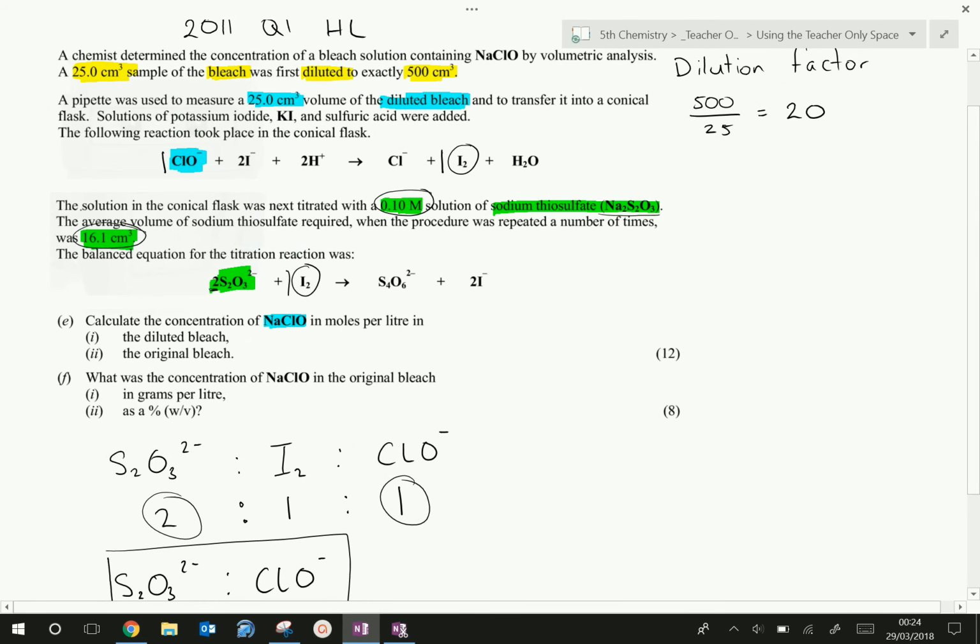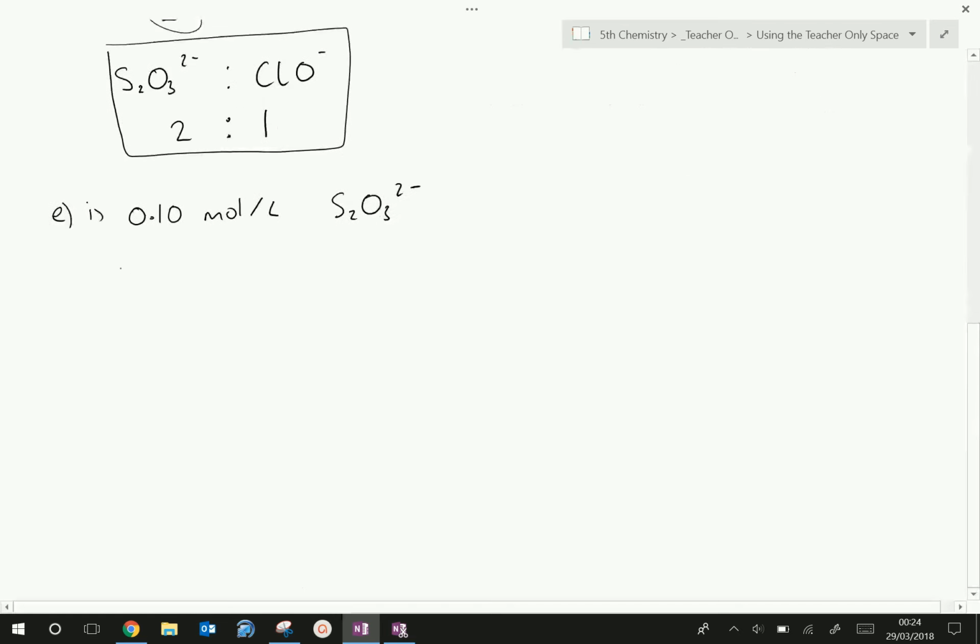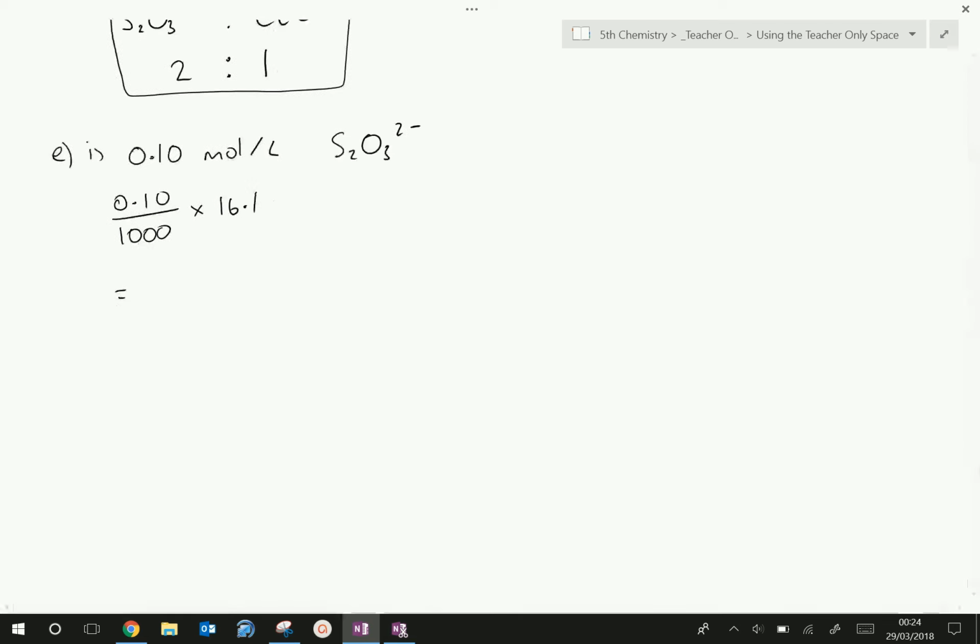No, I only used 16.1 ml. So to find how many moles of thiosulfate are in 16.1 ml, I'm going to divide by 1000 and multiply by 16.1. And that gives me 0.00161 moles in 16.1 mLs of my thiosulfate.